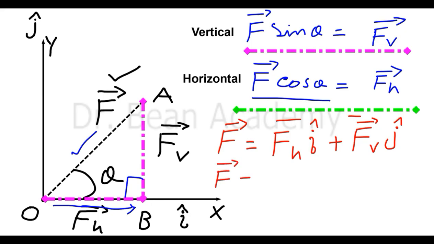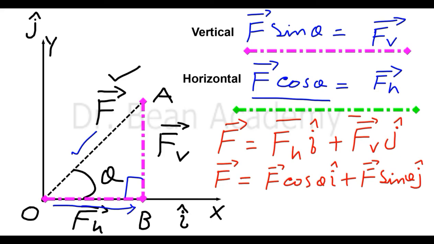So F is equal to F cosine of theta along the unit vector i plus F sine of theta along unit vector j, which is actually the vertical line.